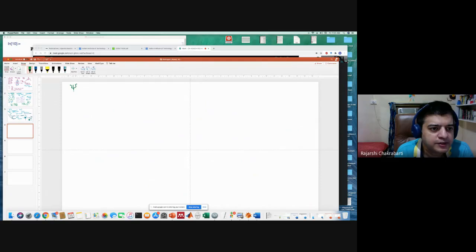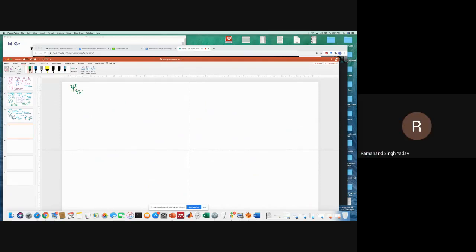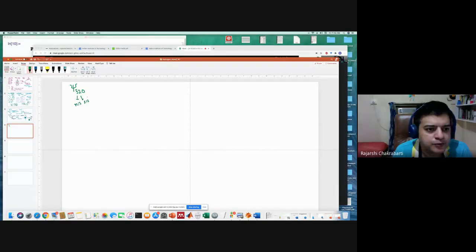What is this orbital? This is a 3D orbital. N is 3, l is 2, and m is 0. m equal to 0 means it has to be along the Z axis. This is nothing but psi 3d z square. You'll know this.